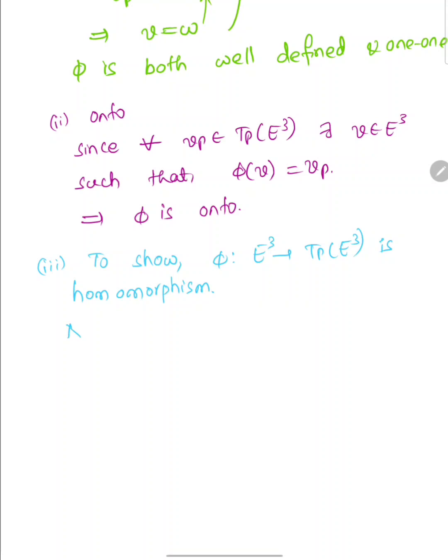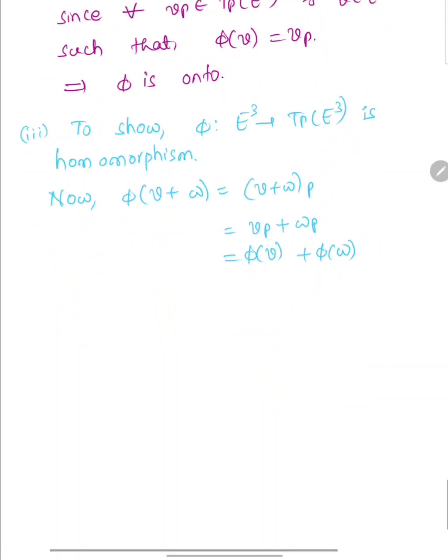Now consider pi of V plus W. This is vector addition. This is equal to (V plus W) at p by the definition of pi. So the addition of two vectors is equal to the tangent vector. This is equal to pi of V plus pi of W. So this holds for vector addition.